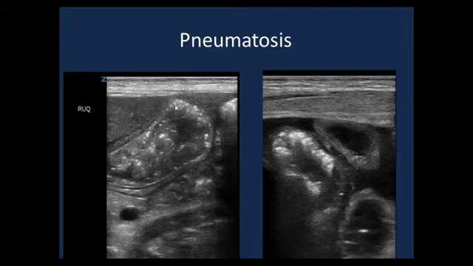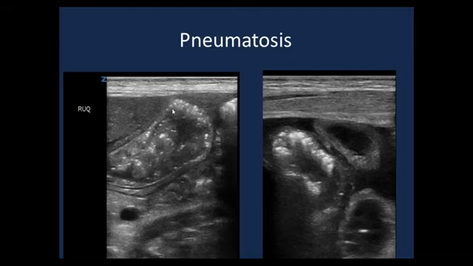And in our body, any fluid-air interface appears echogenic. So these foci are composed of air surrounded by the fluid content of the wall. That's why it appears echogenic. So part of the wall is affected by pneumatosis, and in the rest of the wall we can see the layers, we can see the signature is clear.